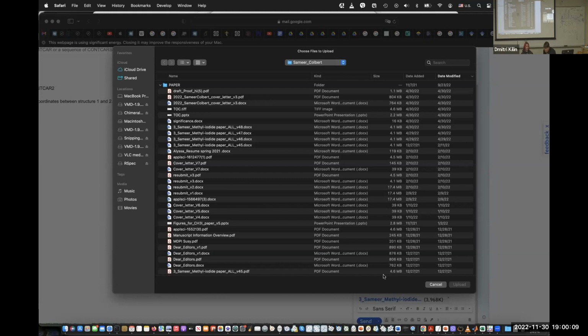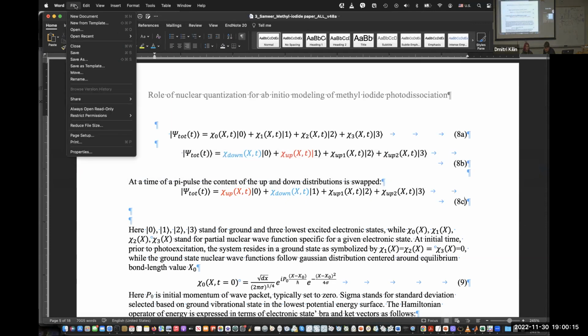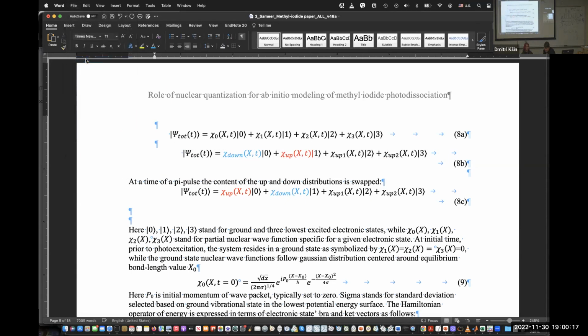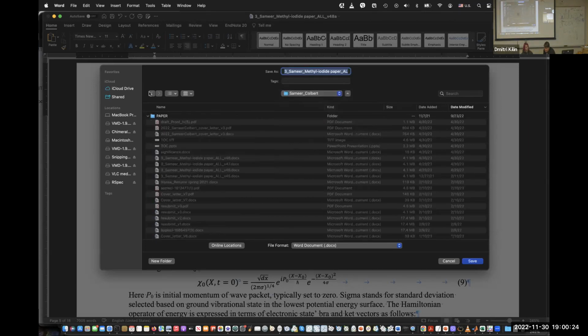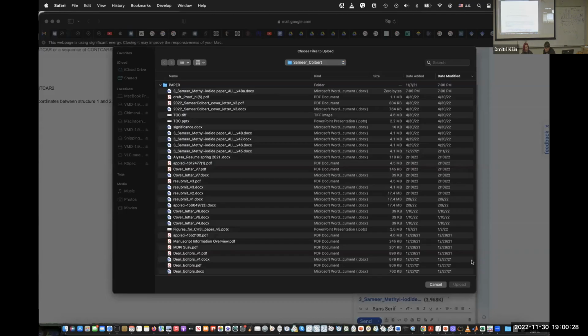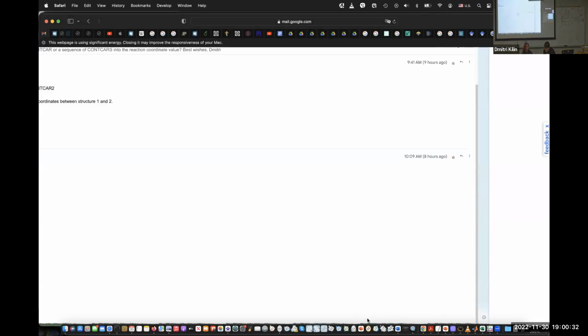Did you save the changes? I hope so, but it is not there. Let's do file, save as. Oh, I need to save it in the right directory. It was in the downloads, yes. And send immediately before I forget.